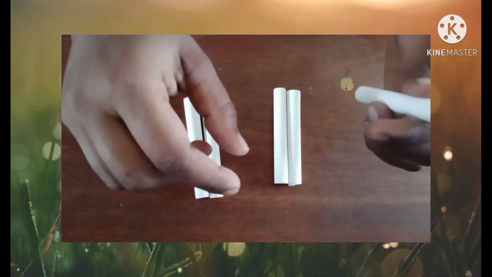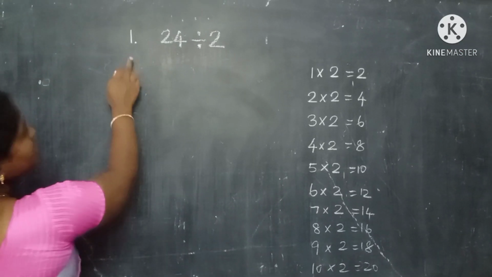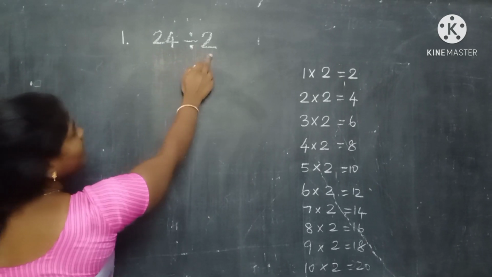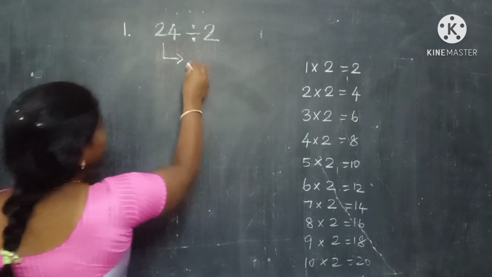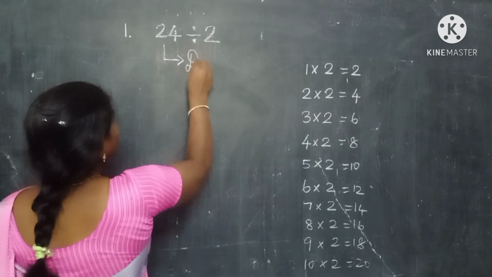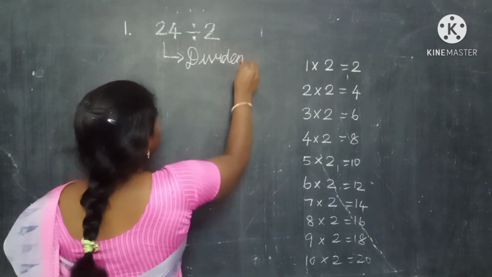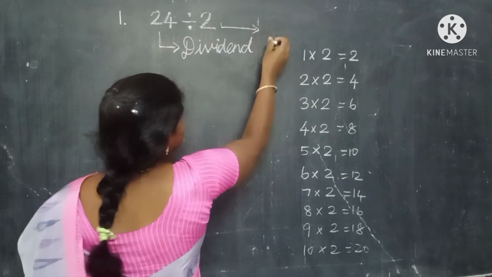Okay children, shall we move on to the next sum? See children, first sum: 24 divided by 2. Here 24 is called the dividend. 2 is called the divisor.